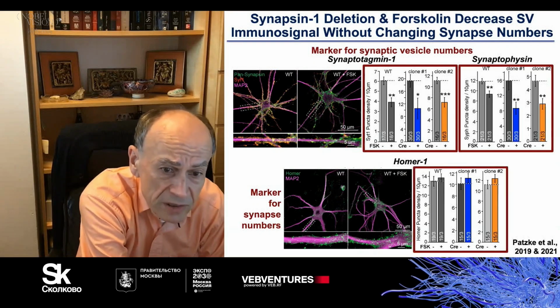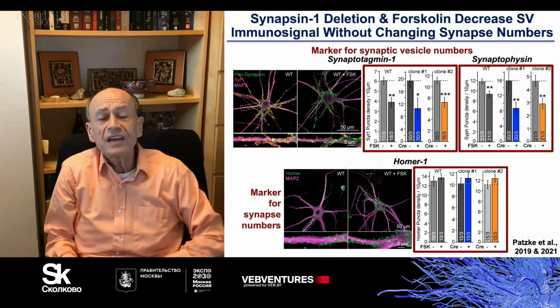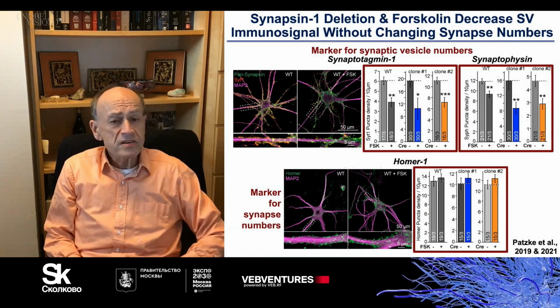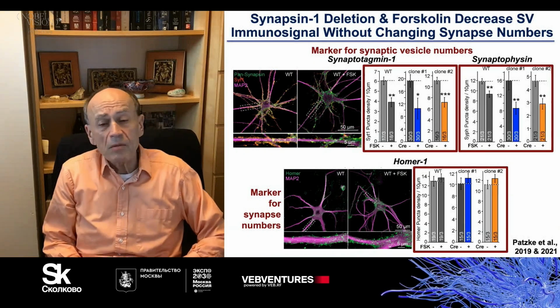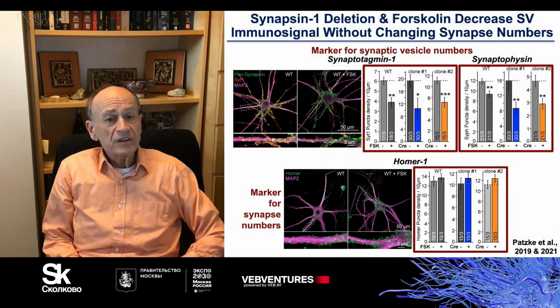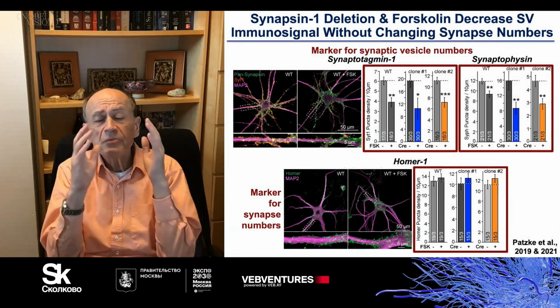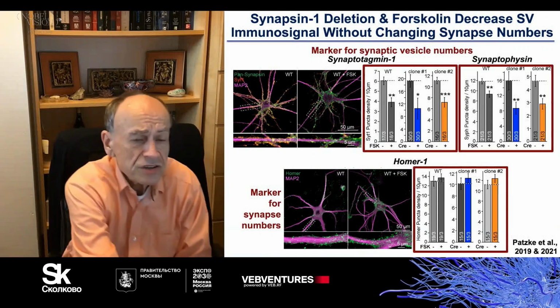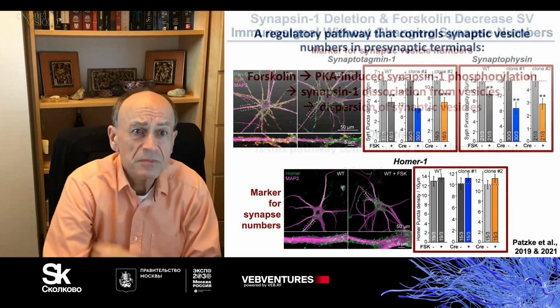What you can see in the bottom, however, is that a non-synaptic vesicle marker, HOMER1, remains just normal, demonstrating that indeed the synapses themselves don't change. What changes is the synaptic vesicle numbers.